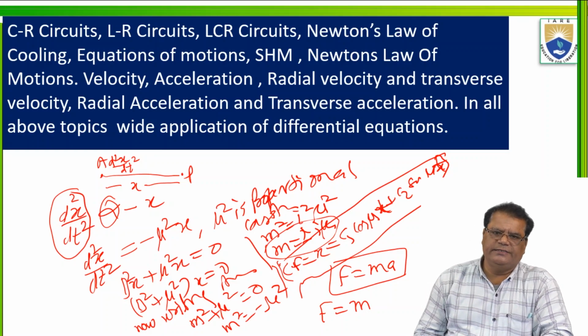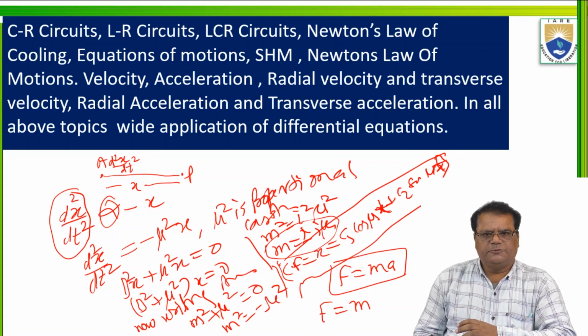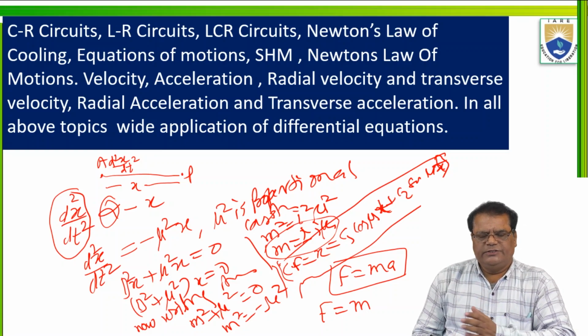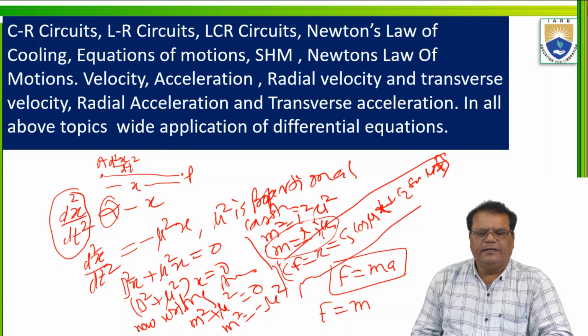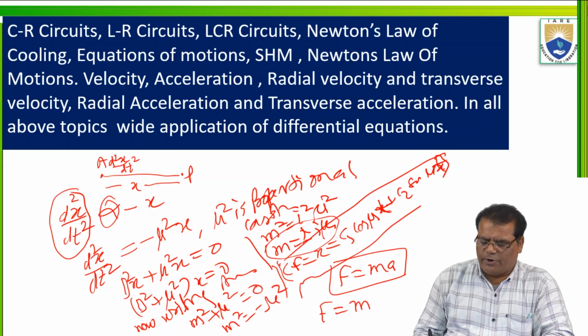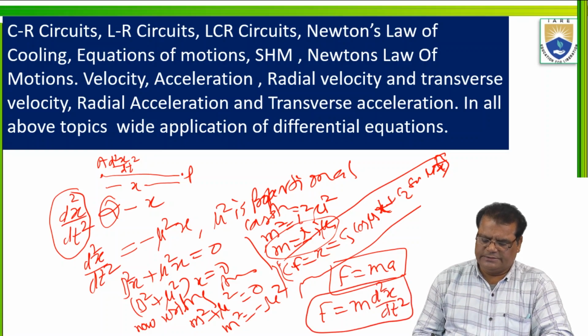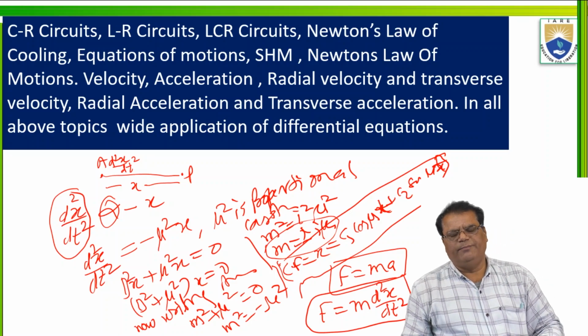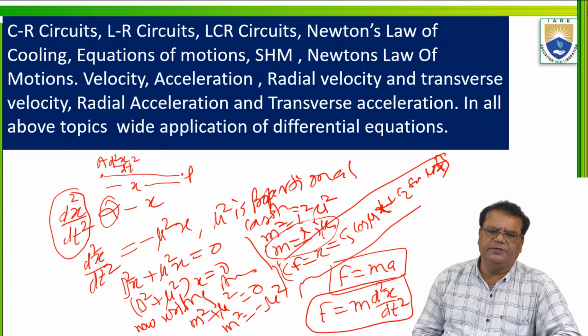Suppose the displacement is x. From the change in displacement, we get the velocity of the particle as well as the acceleration of the particle at any point at any time. So acceleration means d2x over dt2. In the formula F equal to ma, m is the mass of the particle and a is its acceleration.